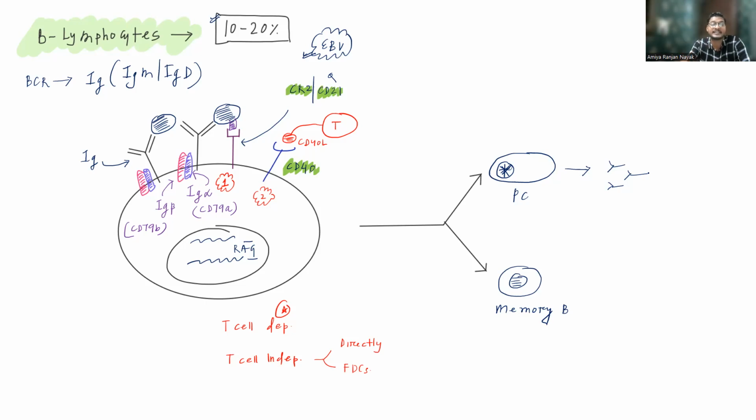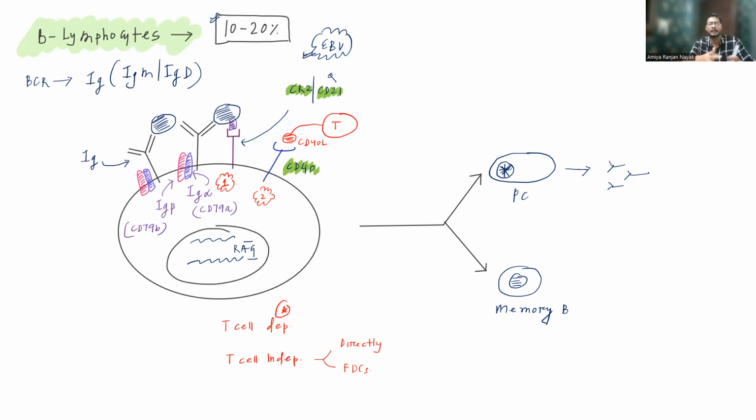The signal 2 can be given if the B cell is activated by the T lymphocyte. If the B cell activation is T cell dependent, the signal 2 can also be provided, with the help of the interaction between the CD40 ligand of T cells and the CD40 receptor of the B cell. Both these signals will activate the B lymphocyte. Similarly to what we discussed for T cells, B cells also need both signals for proper activation, and this will cause conversion of the B lymphocyte into either memory B cells or plasma cells.